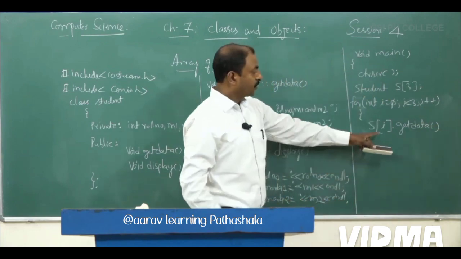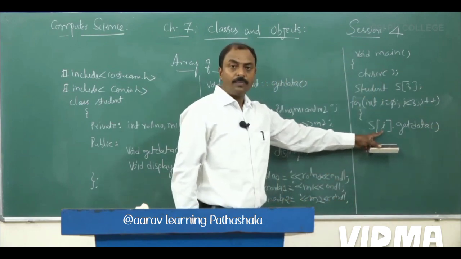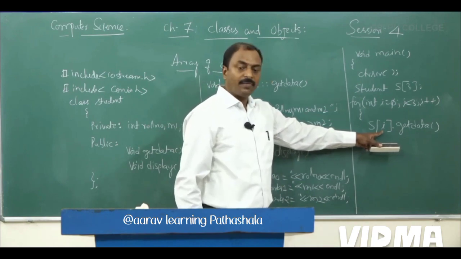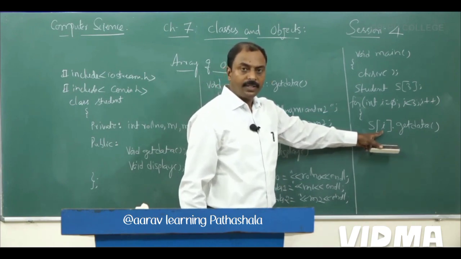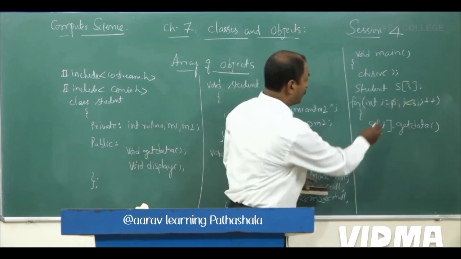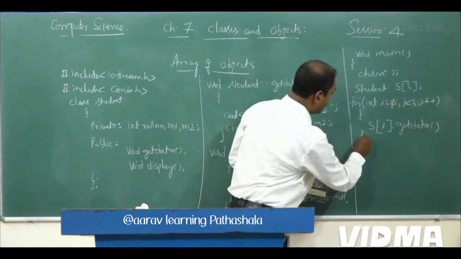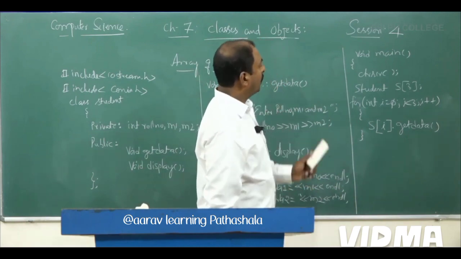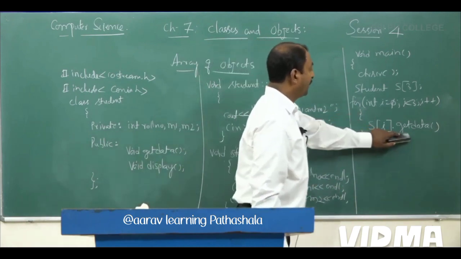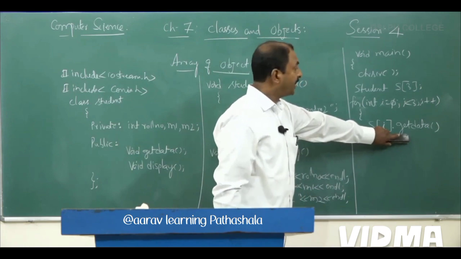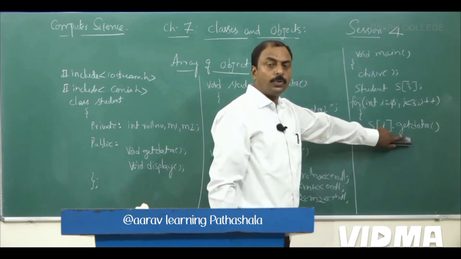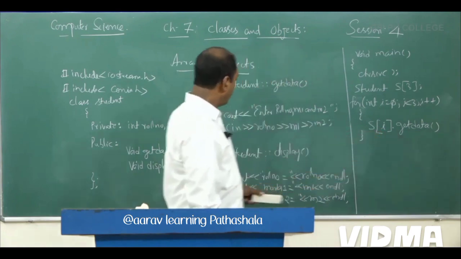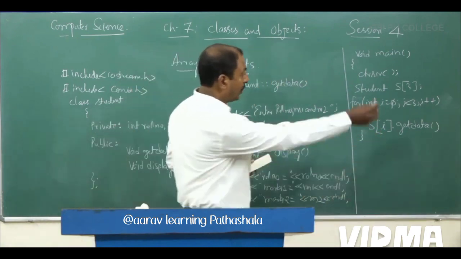Now observe this. With the help of the index, it takes 3 values with getdata. Now after this, I am closing this for loop. Students, after reading the data of 3 students, next we are using one more loop to make use of the function display.